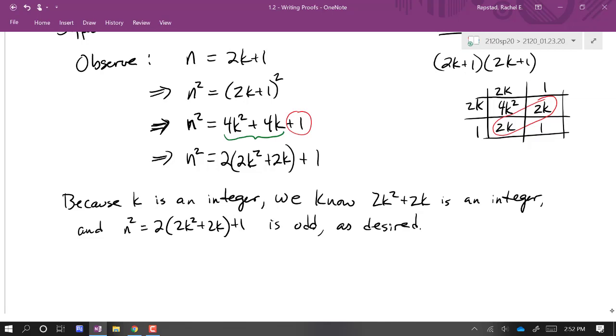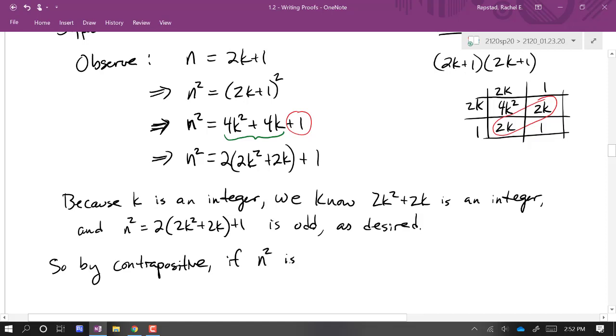So what was the original statement we wanted to prove? If n squared is even, then n is even. So I'm just going to point that out. So by contrapositive, if n squared is even, then n is even.